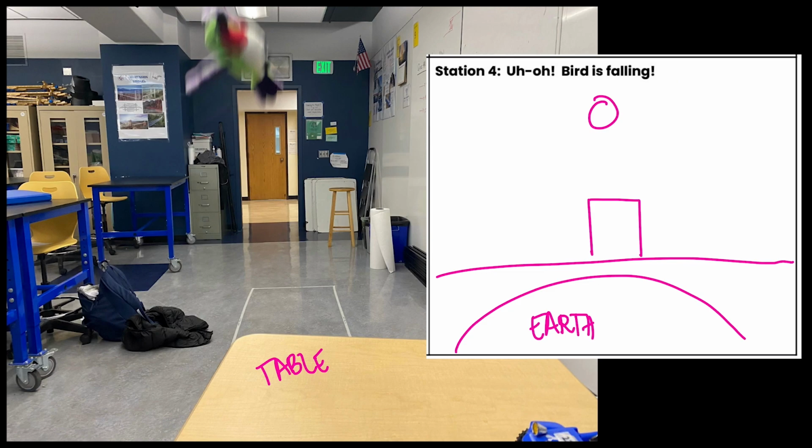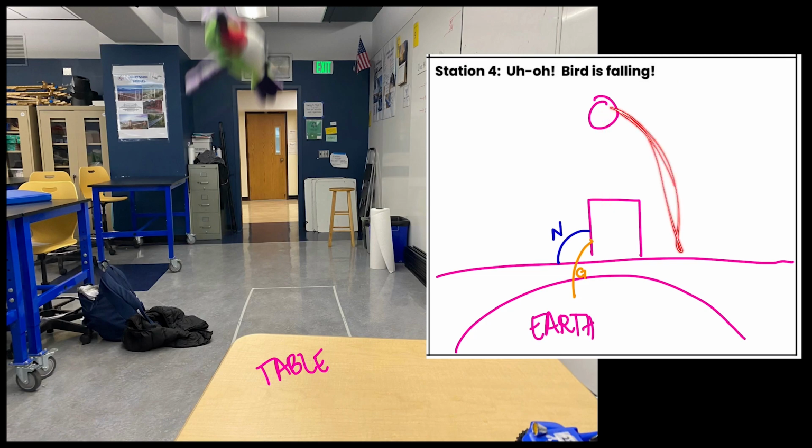So we're going to go ahead and label the interactions that are happening. We have the table that's sitting on top of the floor. That's a normal force. We have the table that's interacting with Earth, and that's a force of gravity. Okay. Then we have the bird. Since it's not touching, there's no direct interaction with the table.